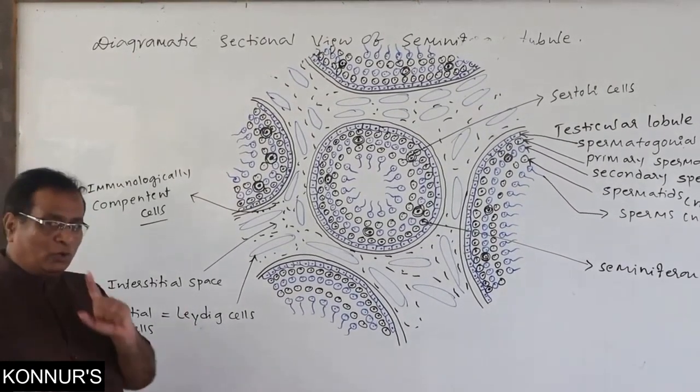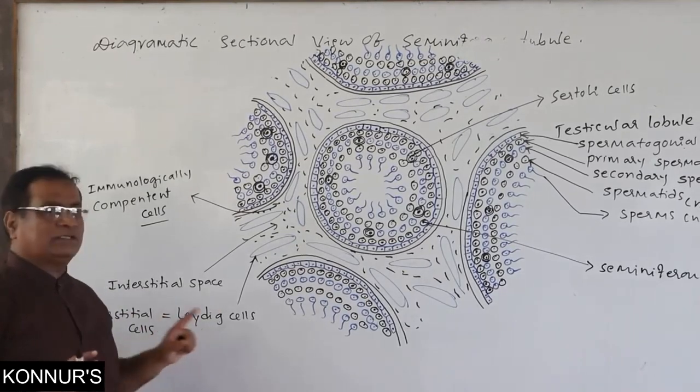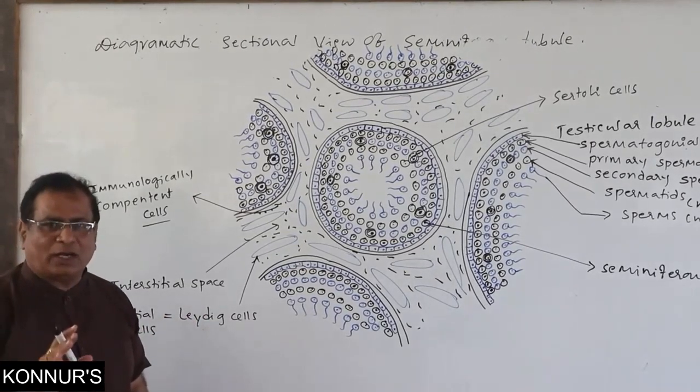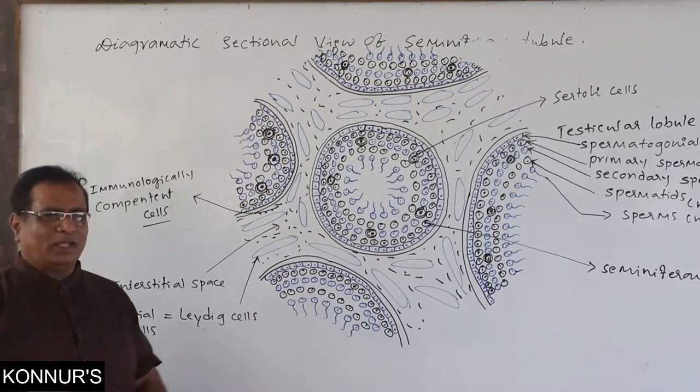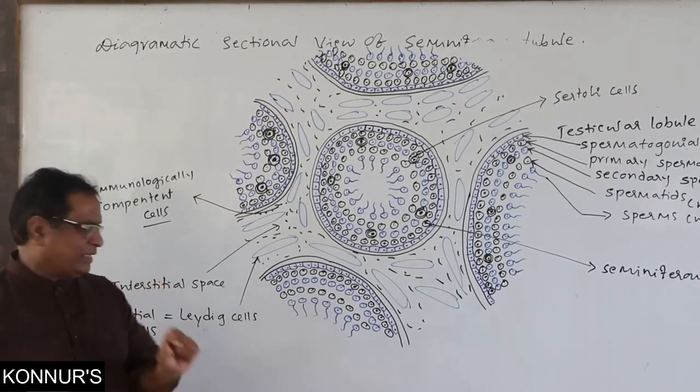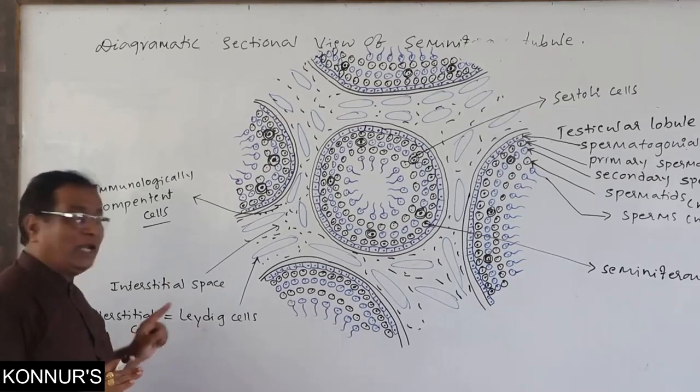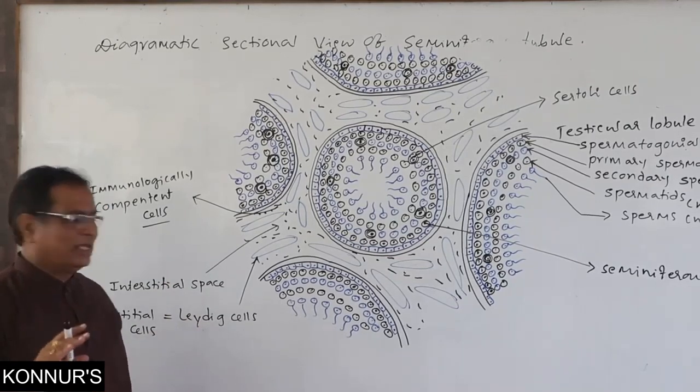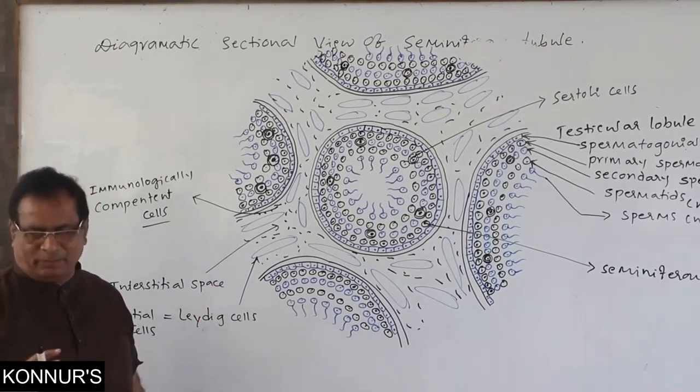But we know that Leydig cells produce testosterone only when LH, luteinizing hormone, stimulates them.